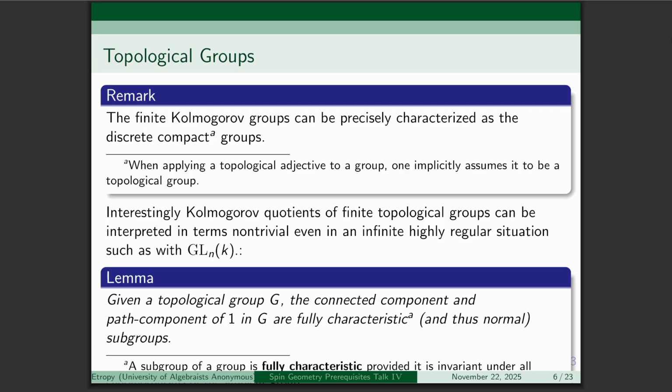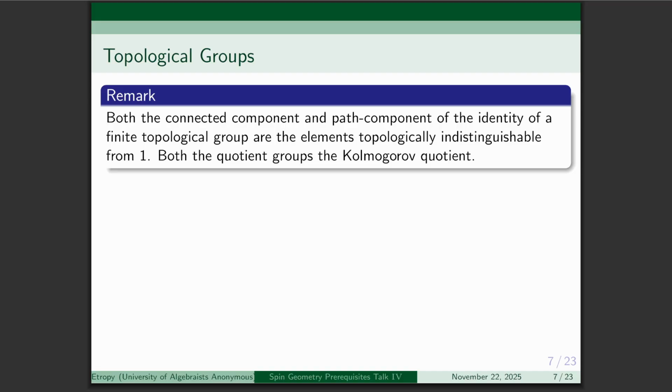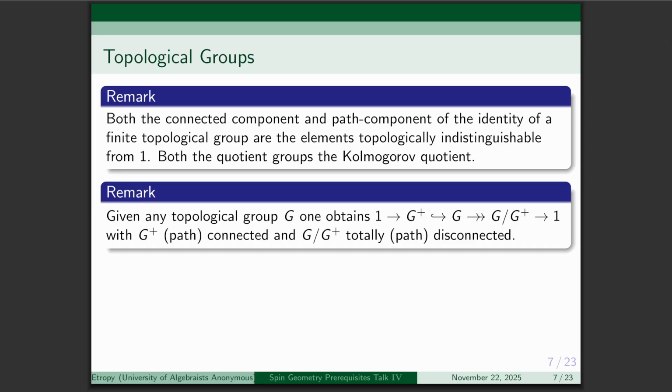So yes, we can try to look at what connected components look like in arbitrary topological groups. We get Kolmogorov quotients defined, and in general, given any topological group, we get a short exact sequence. We take the connected component of the identity or the path component, it doesn't really matter. In general it'll be different, but we can do either. It's a topologically fully characteristic subgroup, or at least normal, let's say.